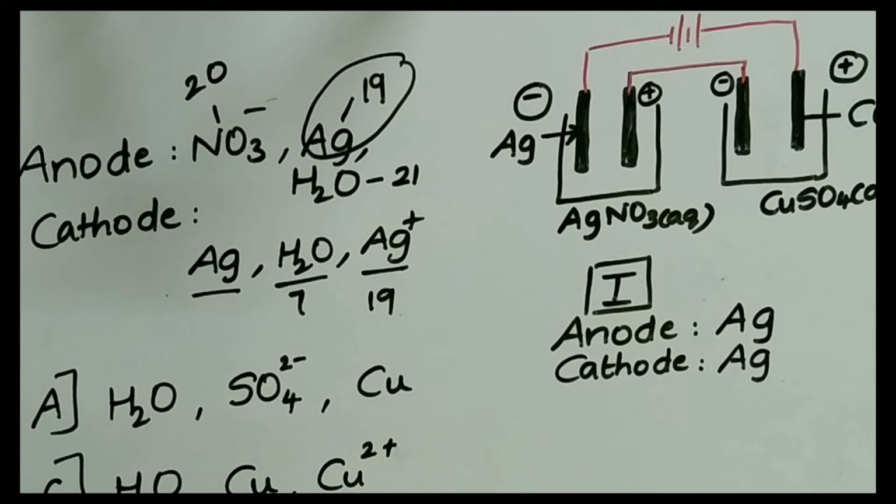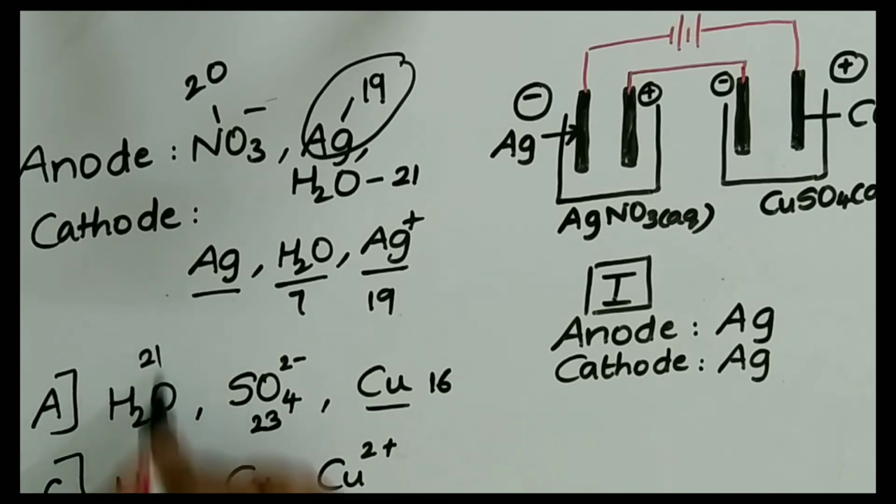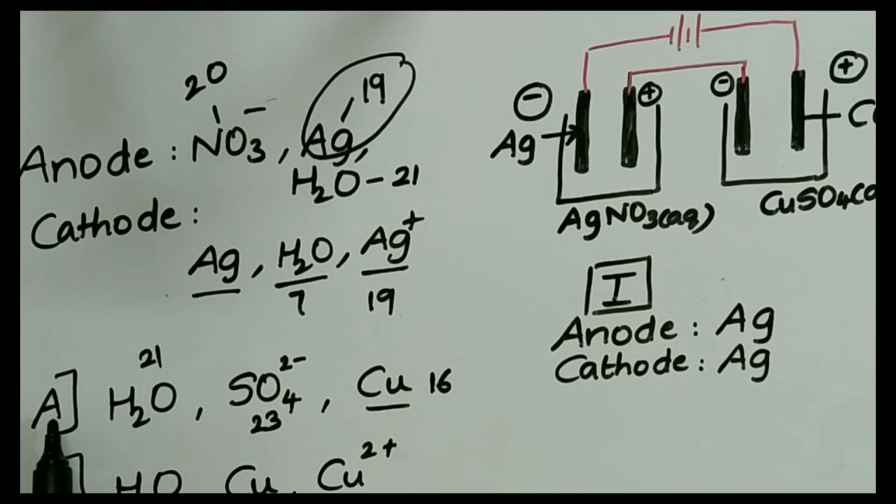Now let's write the numbers. Check the electrochemical series and write the numbers. Copper 16 number, sulfate 23, water 21. Remember, anode is oxidation, so for oxidation water comes at 21 number. So for anode we take the lowest number, that is Cu, correct.